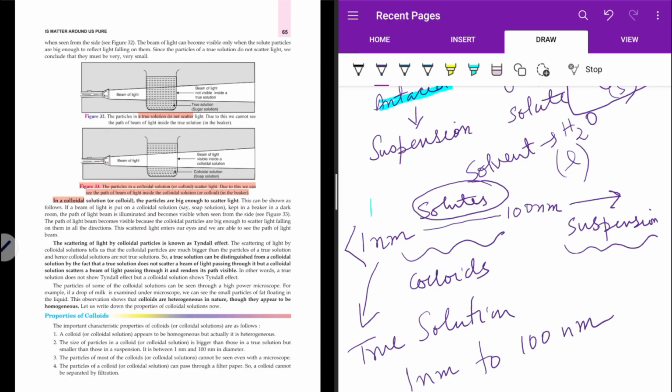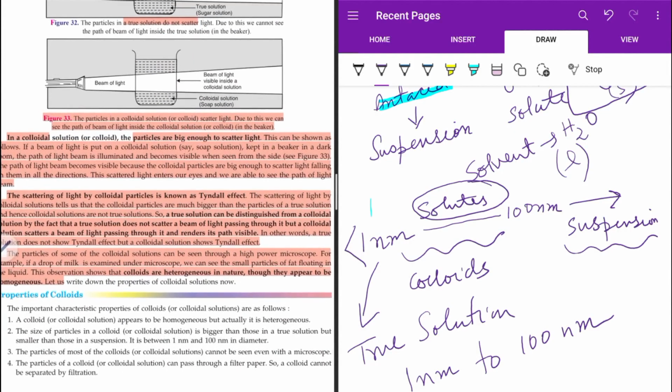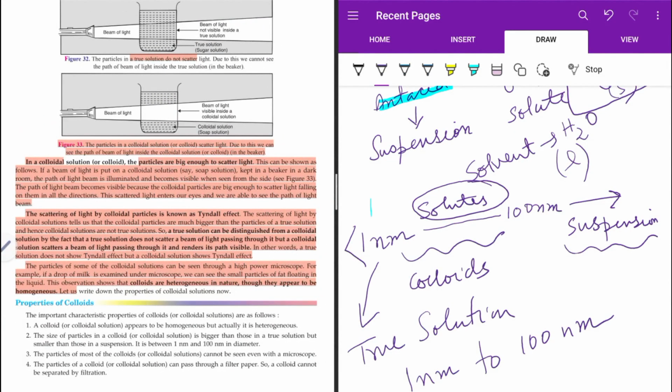In a colloidal solution, the particles are big enough to scatter light. The reason for the Tyndall effect is the particle size of the solute particles. If it is large enough, it will be capable of scattering light, and the phenomenon is known as the Tyndall effect. On account of this, the path of the beam of light is visible.